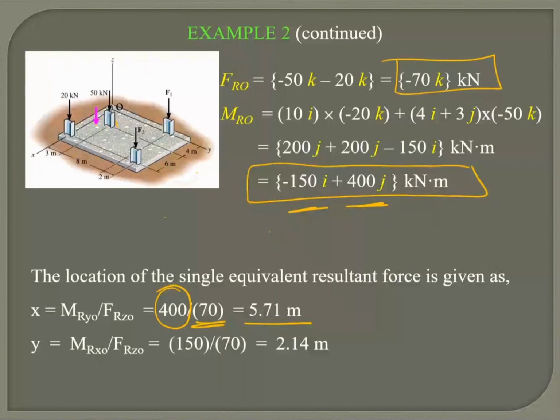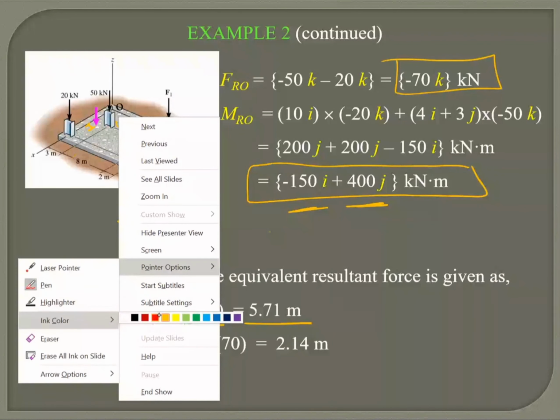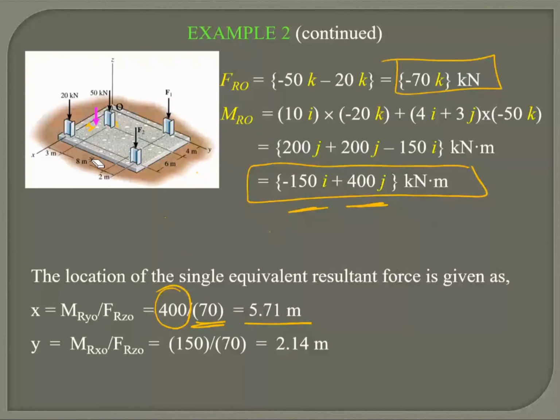Okay, if this is my resultant force, and I've got this distance, let me get a different pen. Okay, so that's my resultant force, and this distance is my y, and this distance is my x. So the distance from the y-axis is x, the distance from the x-axis is y.